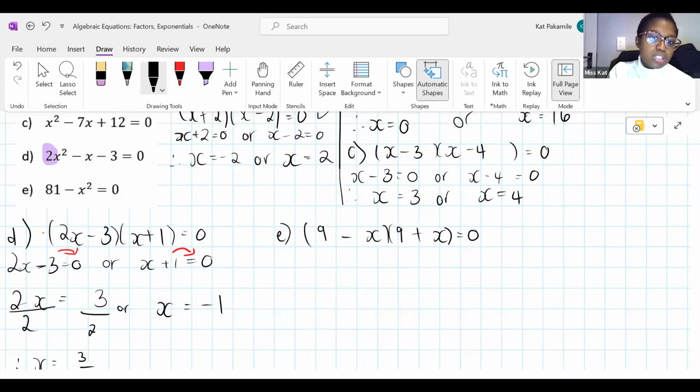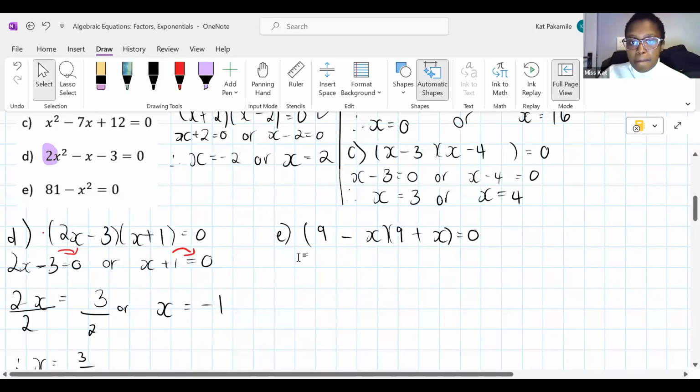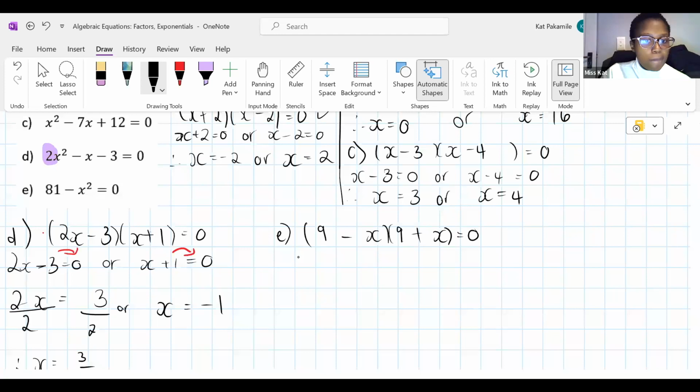What's the step after that? 9 minus x equals 0, or 9 plus x equals 0.